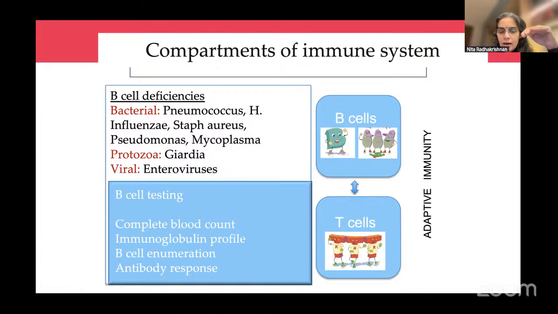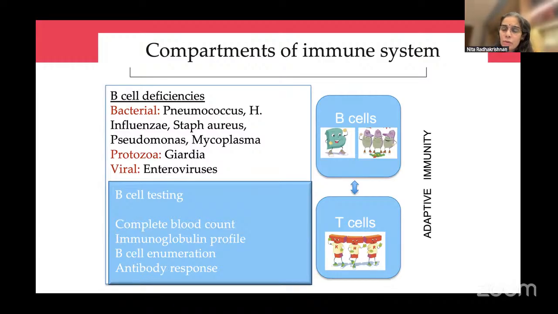And after this point, if there is a clue, especially if the immunoglobulin profile shows low IgG, or maybe low IgG and IgA low, or sometimes IgA is low and IgM is normal, or IgM is high, all of these presentations can come here. And here, you then go ahead and do a lymphocyte subset analysis, and especially B cell enumeration is done.